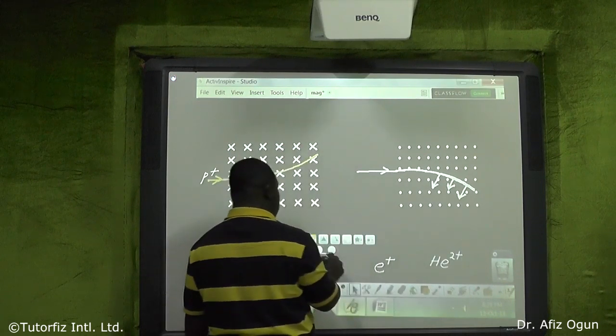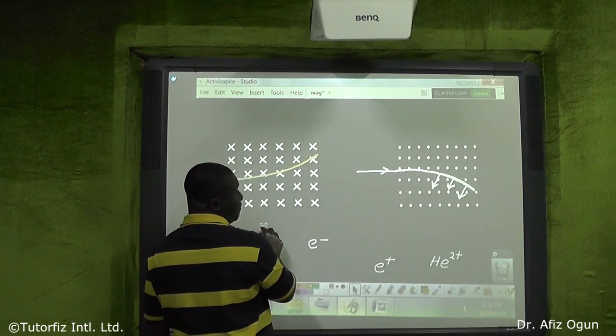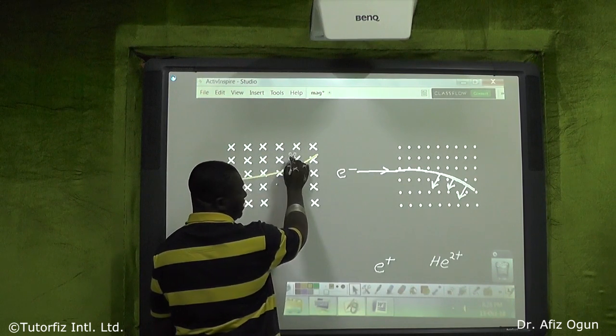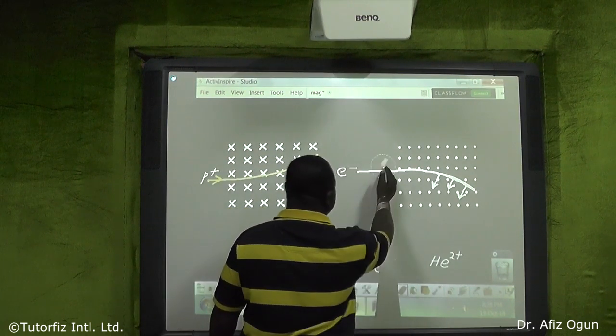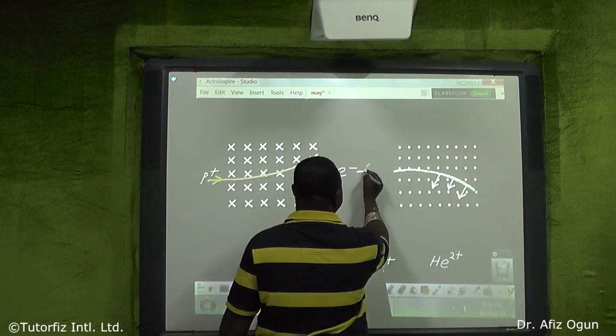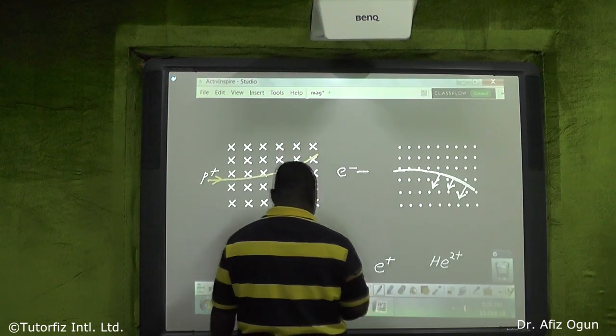However, an electron, which is negative, will behave the opposite way. When you place an electron here, when the electron is going in there, it doesn't mean current is going in that way. Current is in the opposite direction to the electron.